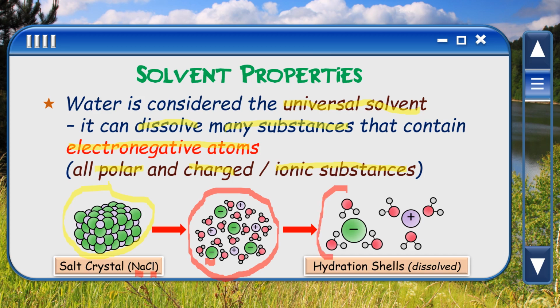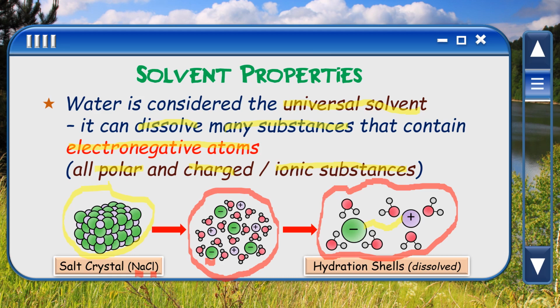This is because water has formed what we call the hydration shell. It prevents the negatively charged chloride ion from being in contact with the positively charged sodium ion by forming a hydration shell around them, and that causes them to dissolve.